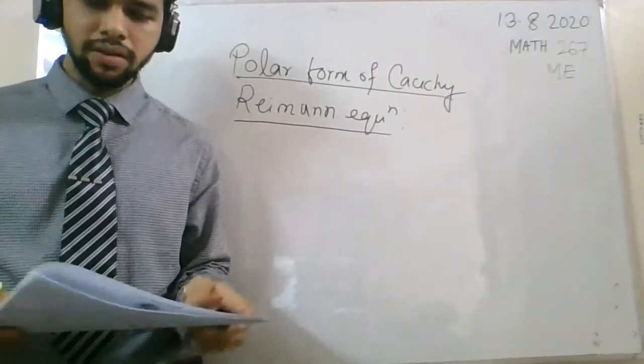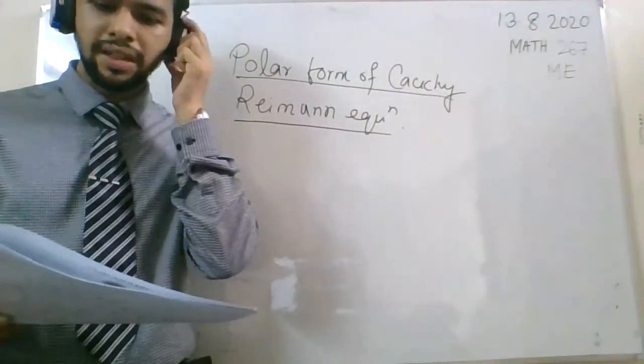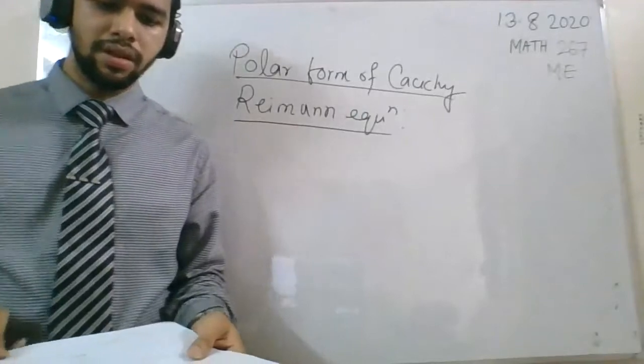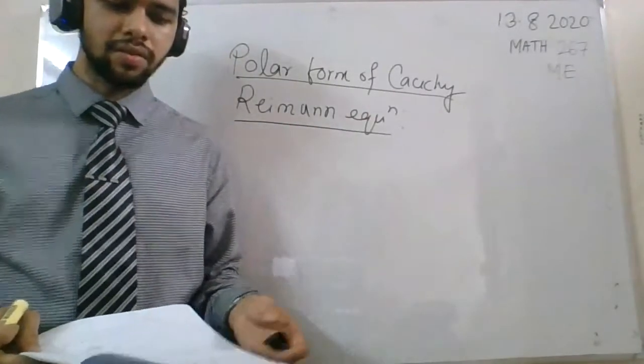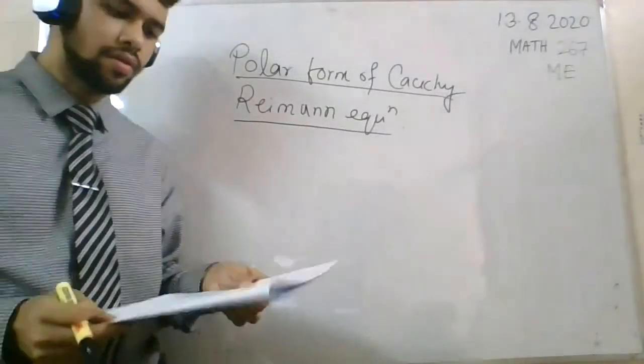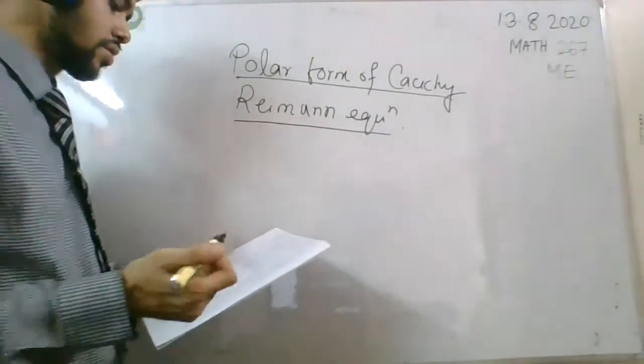So all of you know about the Cauchy-Riemann equation in Cartesian coordinates. Now I have to show you the polar form of the Cauchy-Riemann equation.